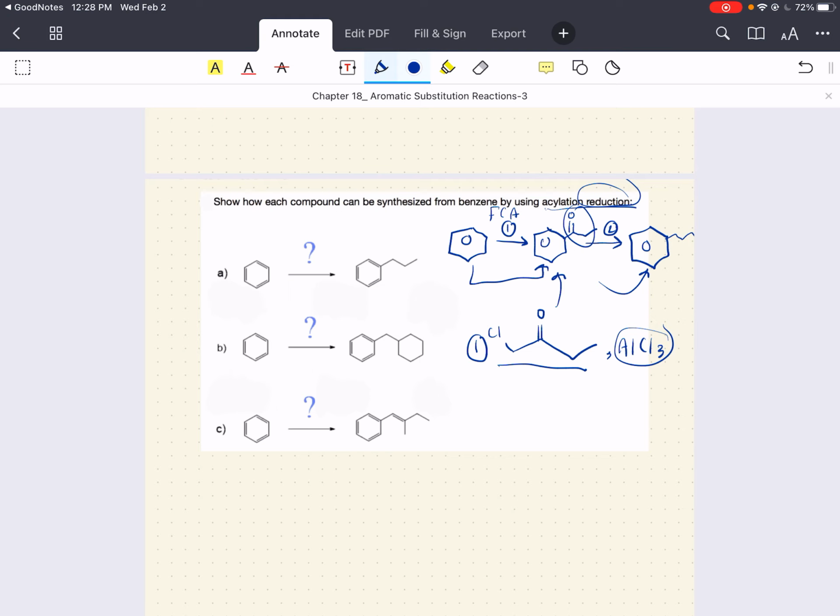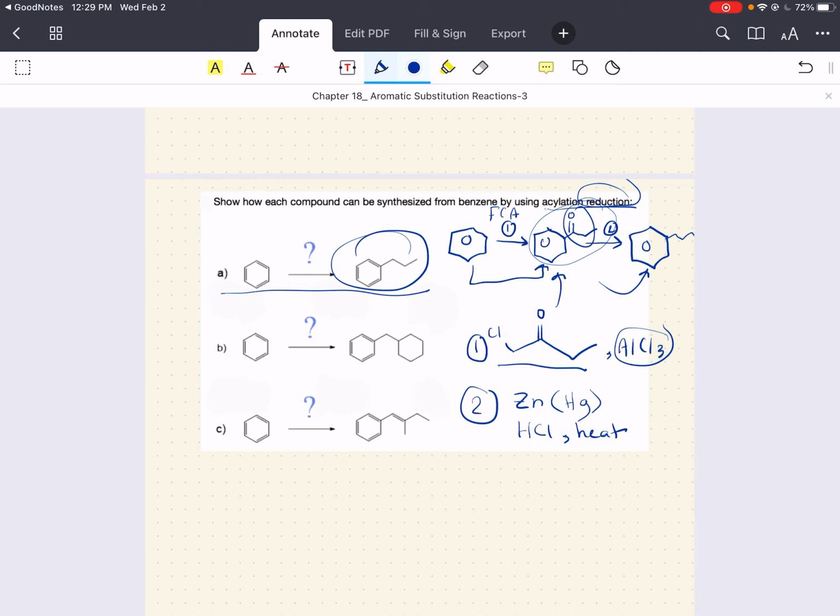Now what we want to do with this product is then reduce it to form this final product. One set of reagents that we can use to reduce our Friedel-Crafts acylation products is zinc and hydrochloric acid with some heat. So this is the set of reagents that we will need to do reaction A.